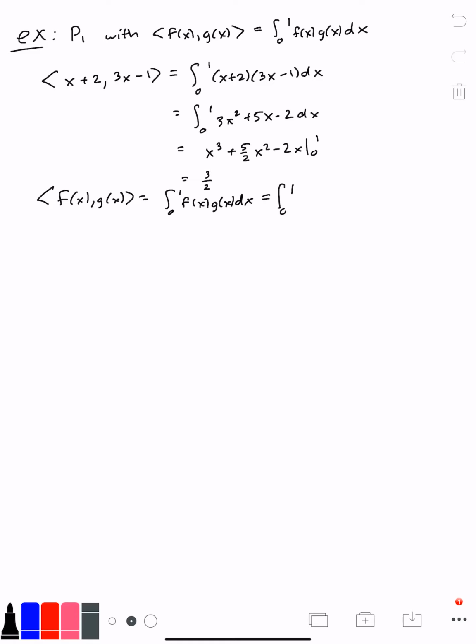So what that means is that f of x times g of x is the same as g of x times f of x, which is the same as g of x inner product f of x. So that's property 1 done.